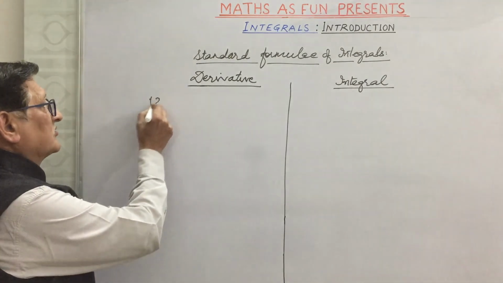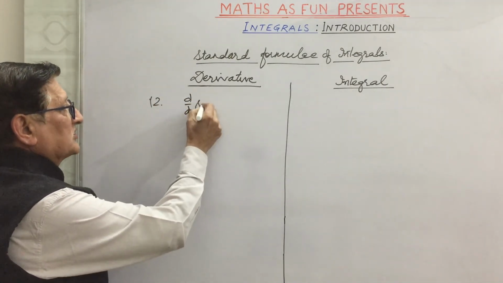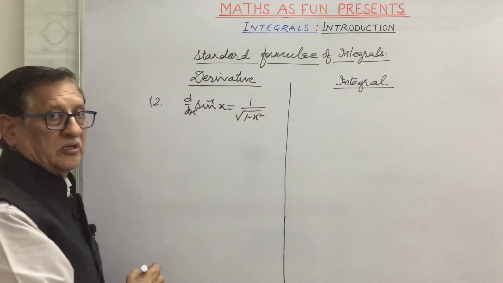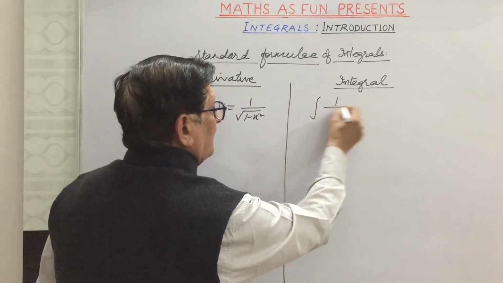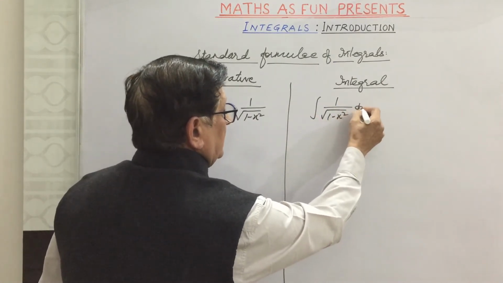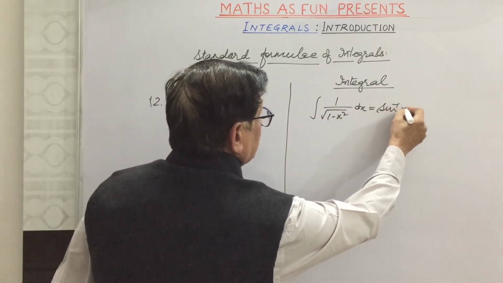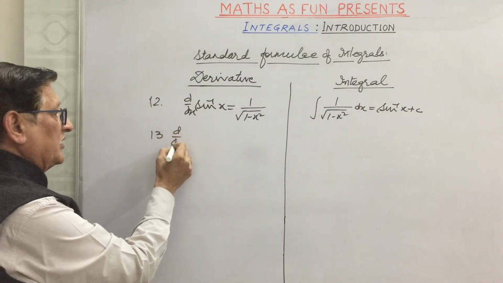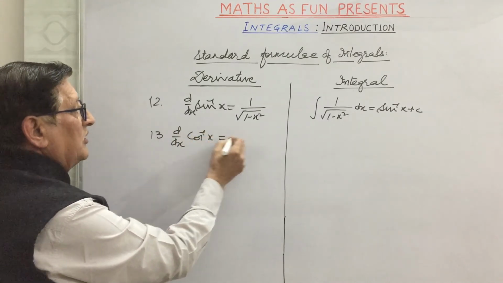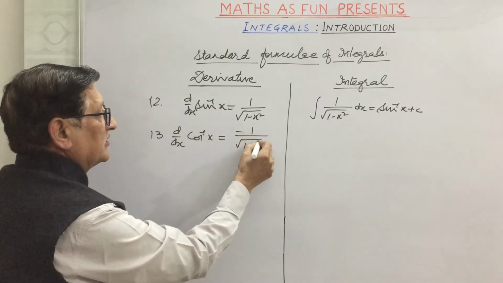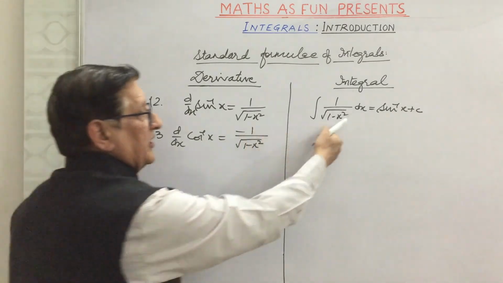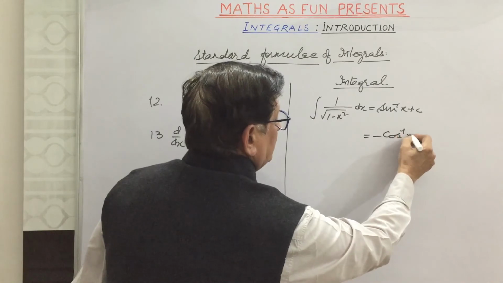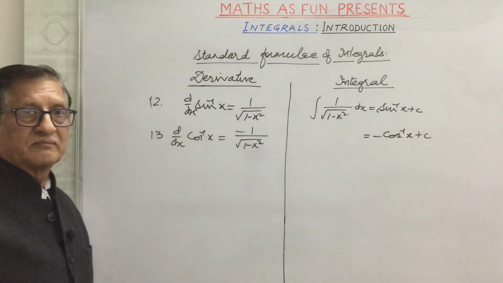12th formula is d by dx of sin inverse x is equal to 1 upon root of 1 minus x square. It means integration of 1 upon root of 1 minus x square will be sin inverse x plus c. But the next formula here we have d by dx of cos inverse x is minus 1 upon root of 1 minus x square. It means integration of this can also be written as minus cos inverse x plus c.